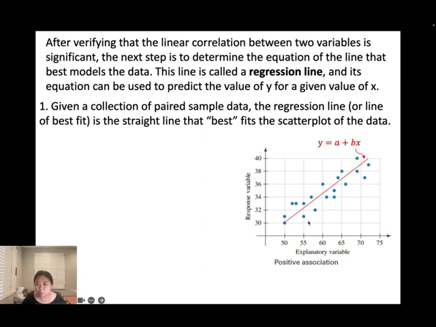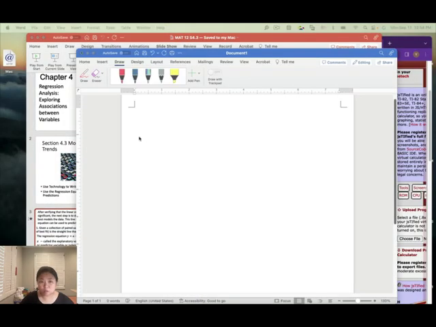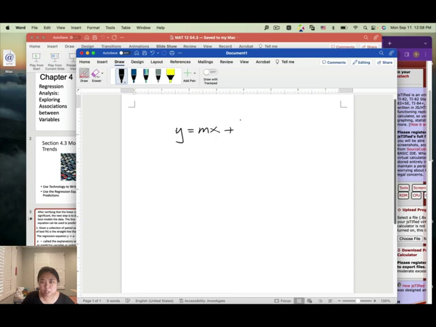Let me talk a little bit about the straight line. Remember, you learned it from algebra. We do have a straight line. The equation is y equal to mx plus b.